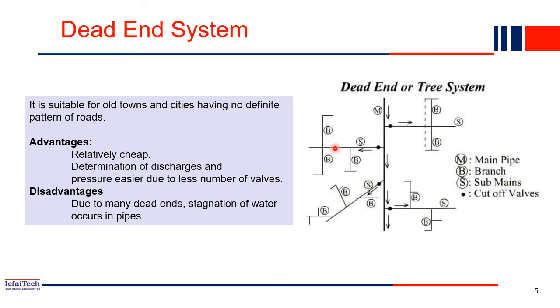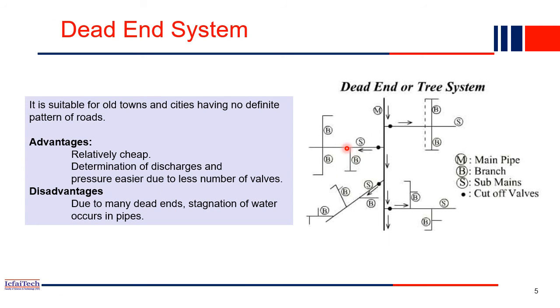The water will only be distributed to the entire remaining part. Because you close this valve, the repairing can happen, right? So valves are very important in the dead end system, and if you close the valve, you can easily maintain the pressure in each line, each network.